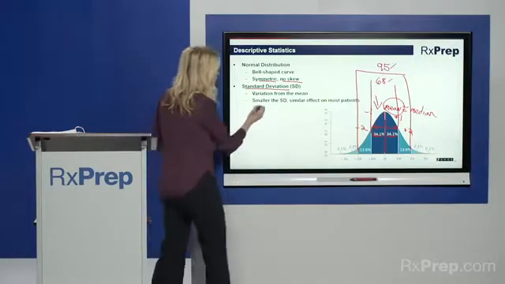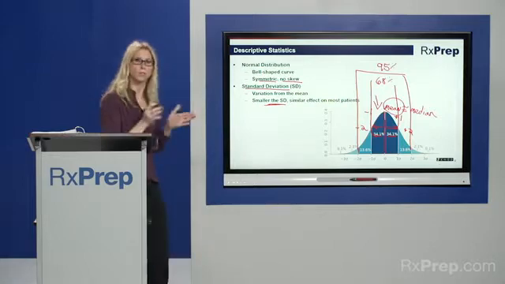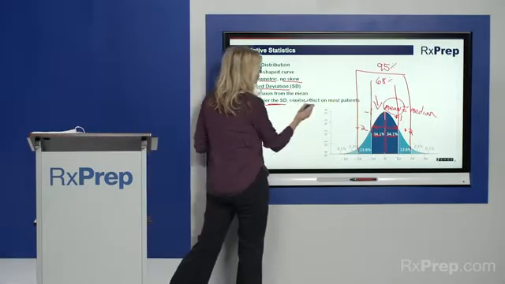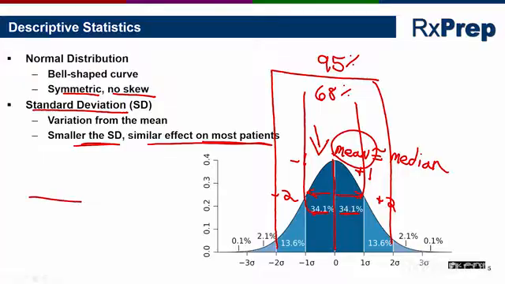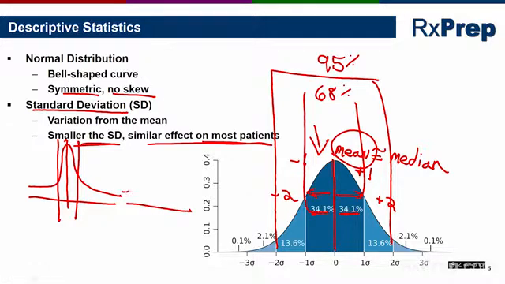The smaller the standard deviation, the lower the number, the more similar the effect on most patients. If you were to draw another graph, this would be a very small standard deviation. It's very tight. Most people in the trial experienced the same magnitude of effect. When you have a larger standard deviation, you would expect the bell-shaped curve to be more flattened out.